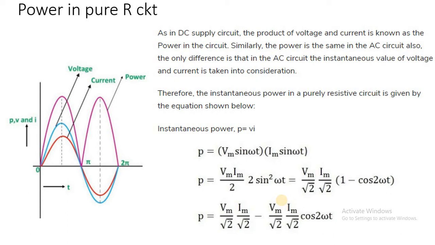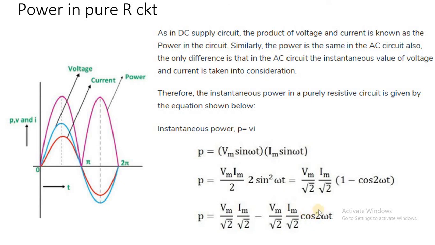Now what is the feature of that double frequency component? Now concentrate on 0 to pi. As the frequency of this term is doubled, the time period to complete its full cycle, meaning the positive half cycle as well as the negative half cycle, will be exactly half.